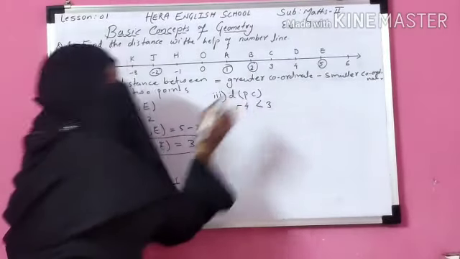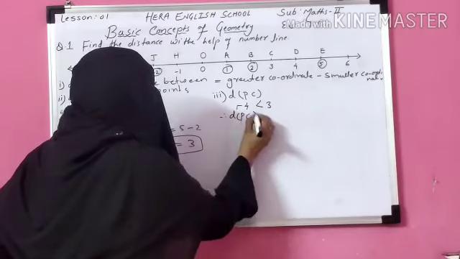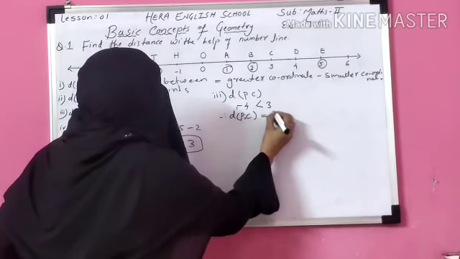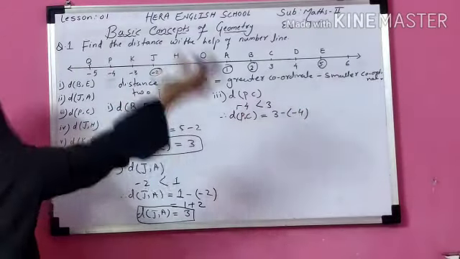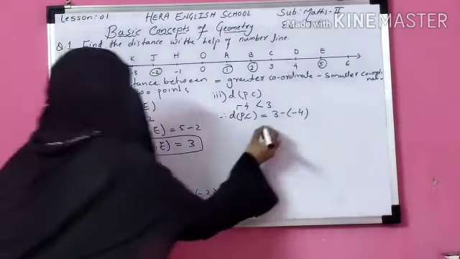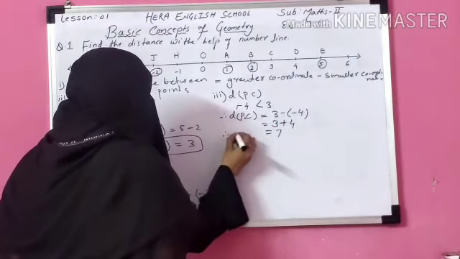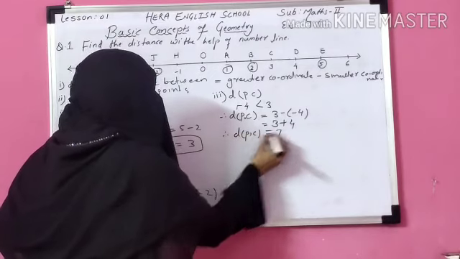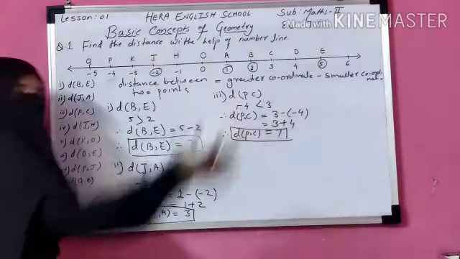Obviously 3 is greater than minus 4. So the distance between points P and C is equal to 3 minus (minus 4), greater coordinate minus smaller coordinate. So it becomes 3 plus 4. It is 7. So the distance between points P and C is equal to 7. You can write 7 units like that.